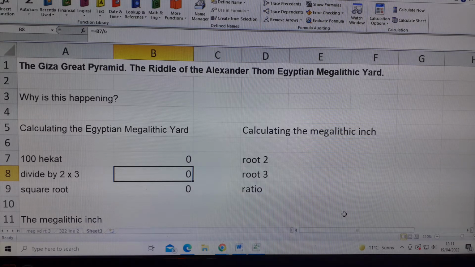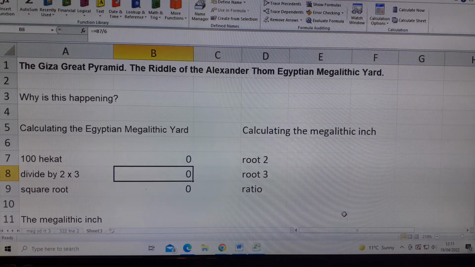And that megalithic yard has been created against a version of pi that's been smoothed, a version of root 3 that's been smoothed, and also a version of root 2 that's been smoothed.